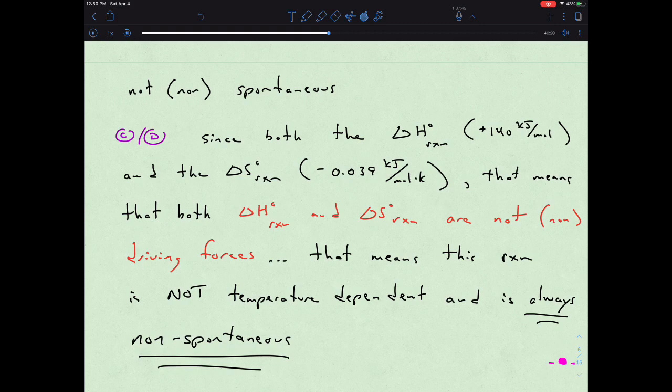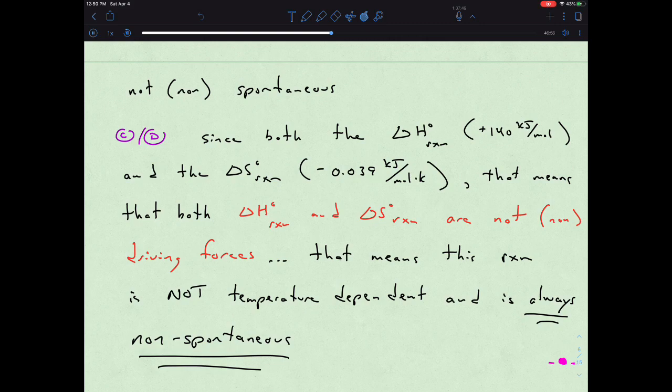It does not say whether it's temperature dependent or not. So now we have to look at delta H and delta S and look at their sign values to answer the question of whether it is a temperature-driven process. The fact that both our values of enthalpy, delta H, and entropy, delta S, are unfavorable or not driving forces is why this reaction cannot happen. It will never be spontaneous.